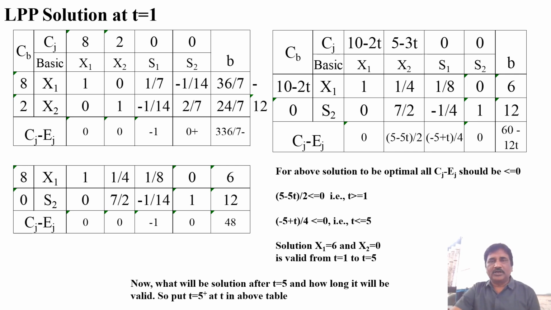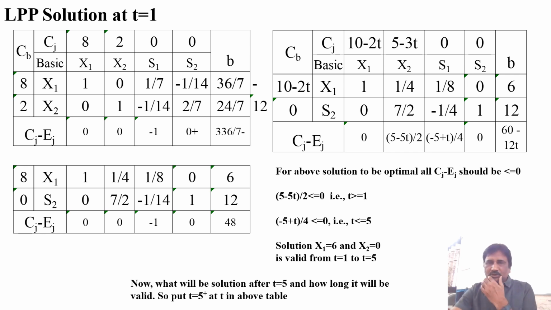This 8 also I have to replace by 10 minus 2t, and here it is S2, so the coefficient of S2 is not parameterized, it is 0. The coefficient of x1 is parameterized. The rest of the things in this row and this row are the same, but because I have here 10 minus 2t, my Cj minus Zj value will appear like this.